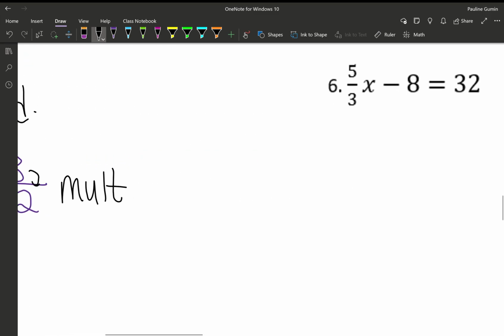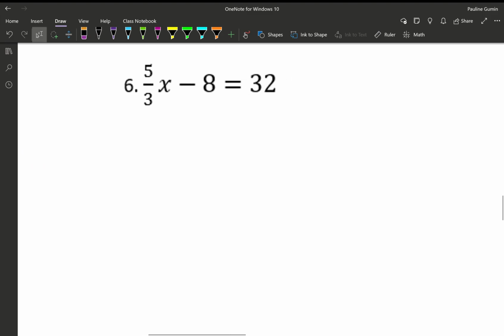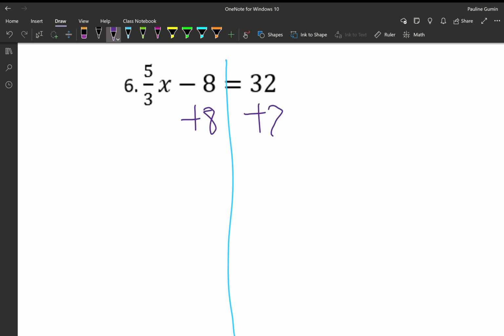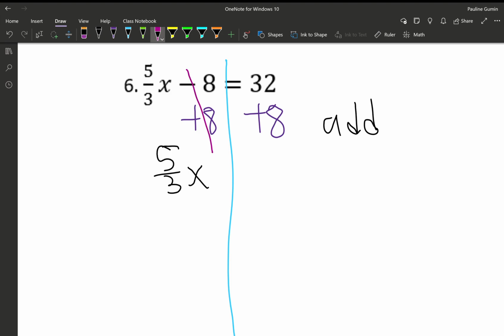Let's take a look at number 6. The first thing that I'm going to do here is add 8 to both sides to undo the minus 8. So I'm left with 5/3 x, because the 8's cancel, equals 40. We have a fraction. Fractions are division, so we must multiply both sides.